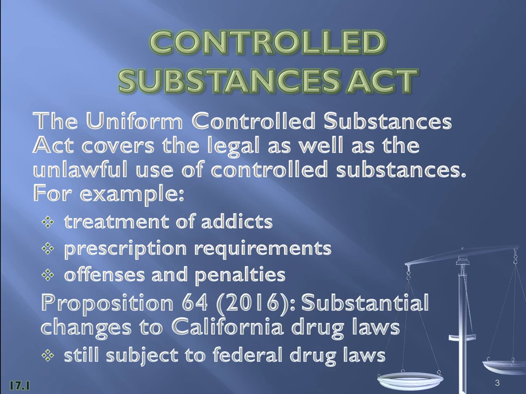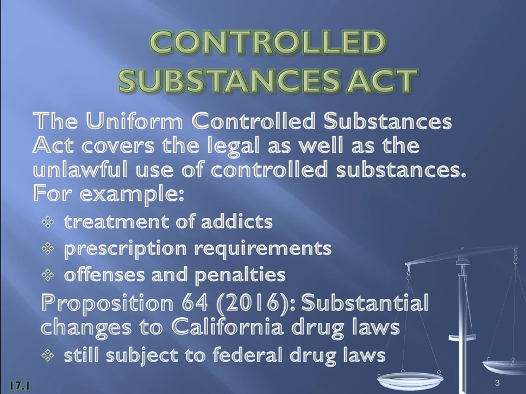of controlled substances. Now, a few drug and alcohol related laws are also found in different codes. They're found in maybe the Penal Code, the Vehicle Code, and the Business and Professions Code, B&P Code for short. So there are some other codes out there where we can find some of this.